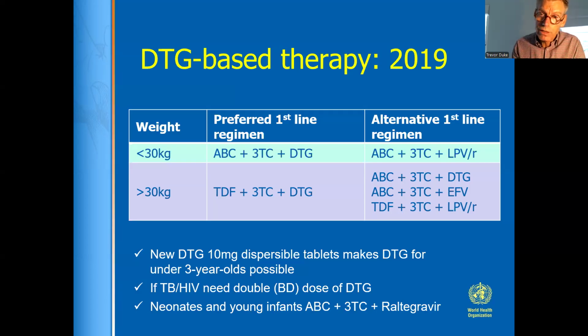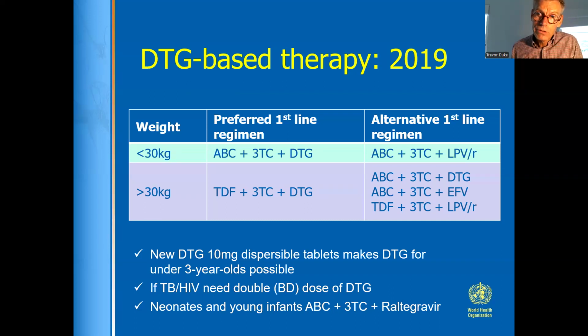For older children, adolescents, tenofovir and lamivudine and dolutegravir. It's still a DTG-based ART regime. There are alternative first-line regimes and second-line regimes for children who develop side effects, or if resistance occurs.